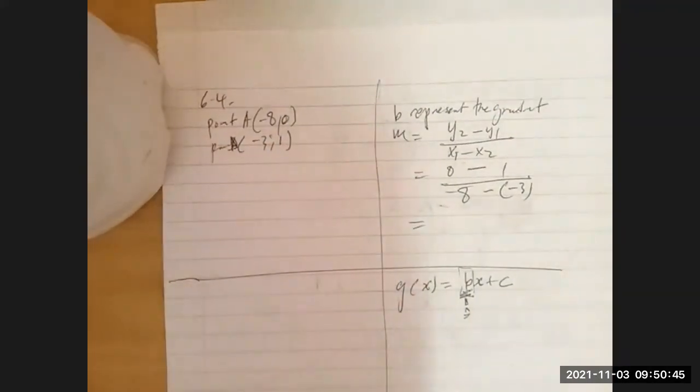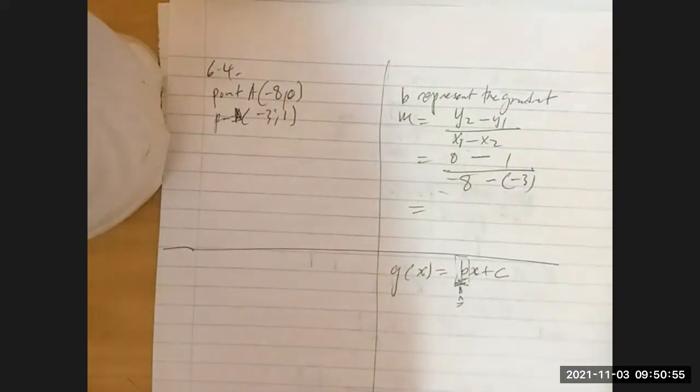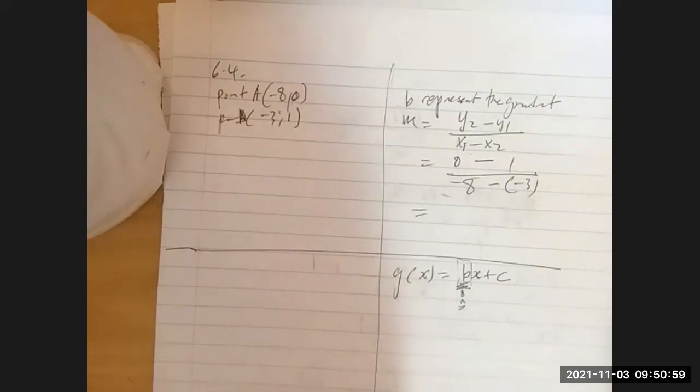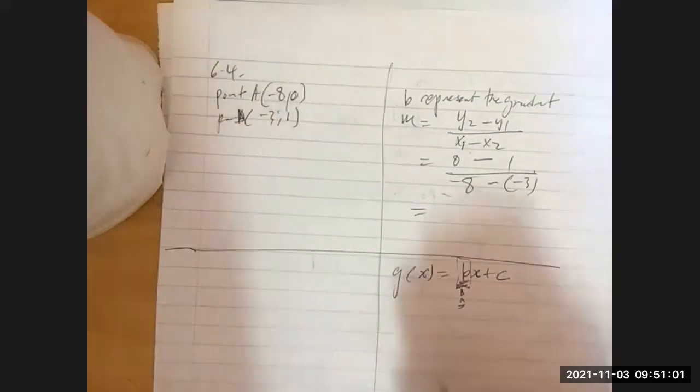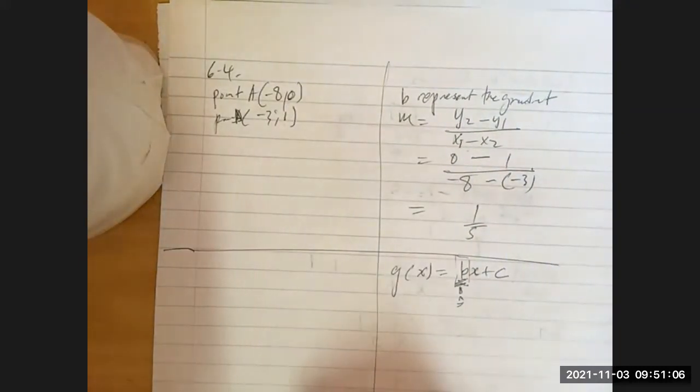If you do that, I'm just going to put everything on the calculator. I trust that you'll be having a calculator as you do this. So you get 1/5 as the gradient, okay?